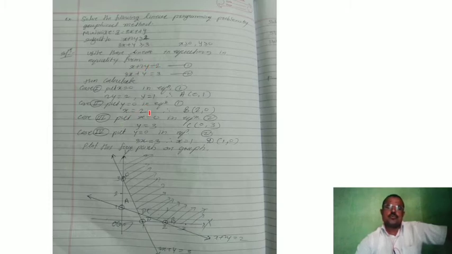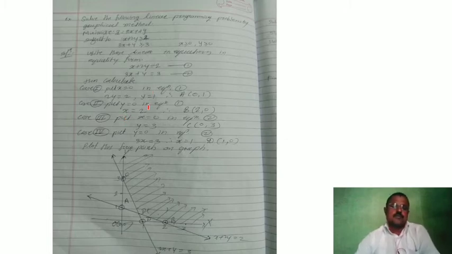Therefore x is equal to 2. Y is 0, so x plus 0 is equal to 2, x is equal to 2. Therefore B point, write first x coordinate, second y coordinate: x is 2 and y is 0, so B point is 2, 0. From equation number 1 we got two points, A and B.